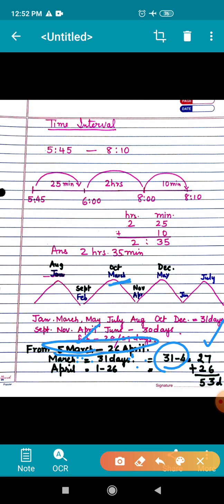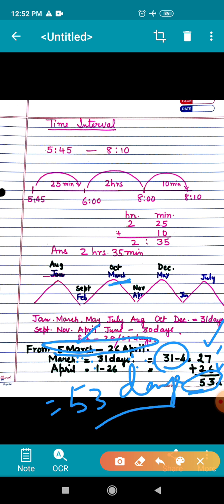And children, April starts from 1 to 26. There will be 26 days. So 27 and 26, when they will be added together, you will get 53. So it means from 5 March to 26 April, there will be 53 days.